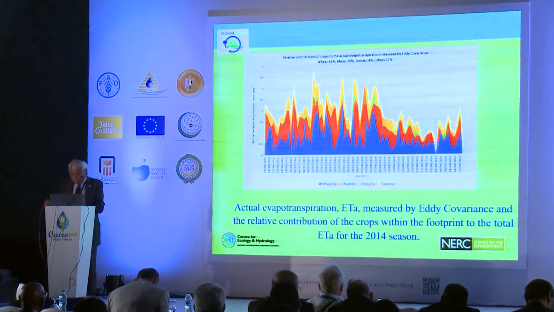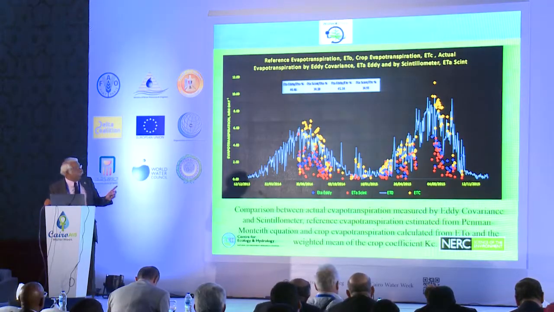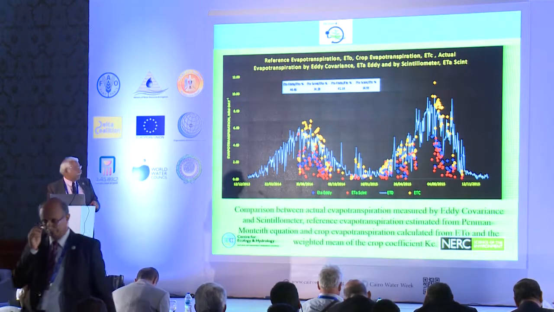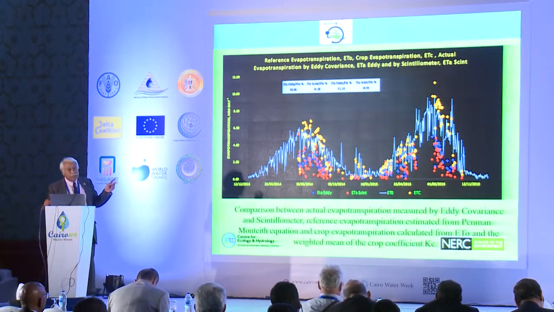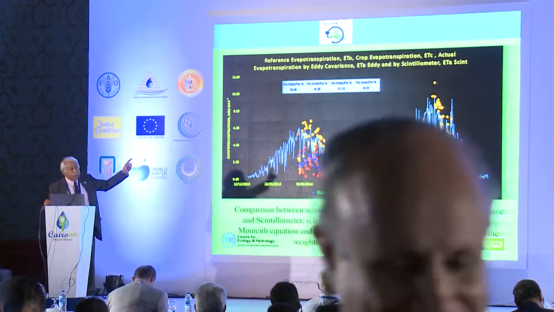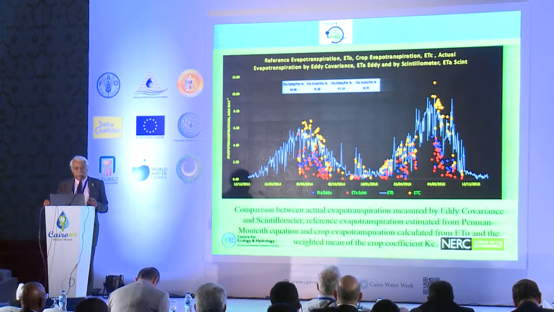When we looked at the values obtained by this new technology, the scintillometer, we plotted them against the ET0, or reference evapotranspiration, which is the gray continuous line. The red and blue dots are the eddy covariance actual evaporation measurements, while the orange dots are the ET0 multiplied by the crop coefficient, called crop evapotranspiration.